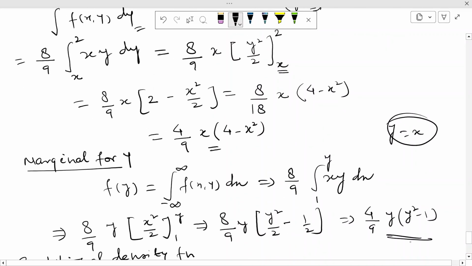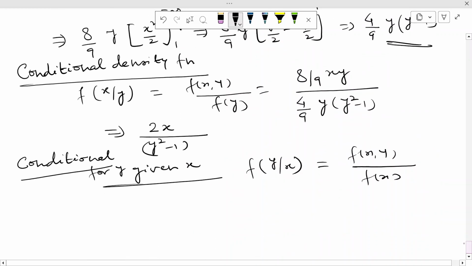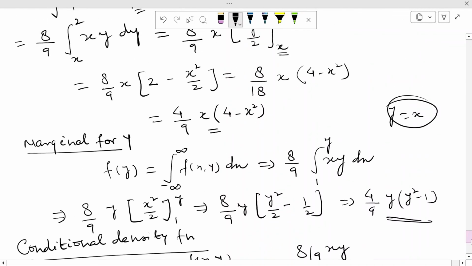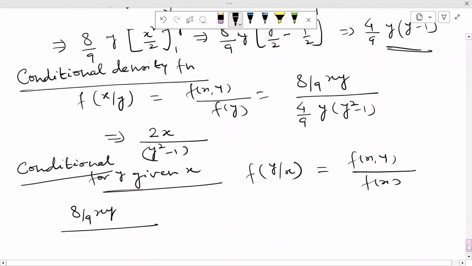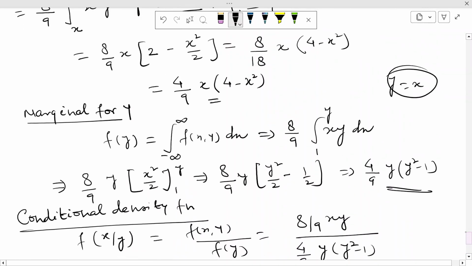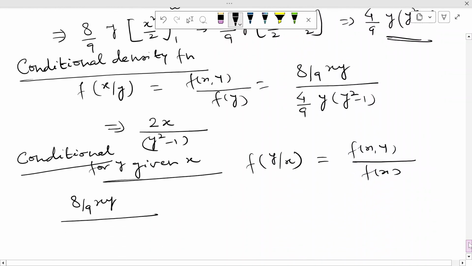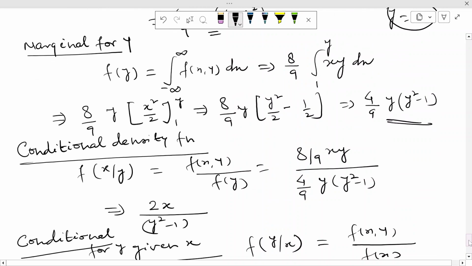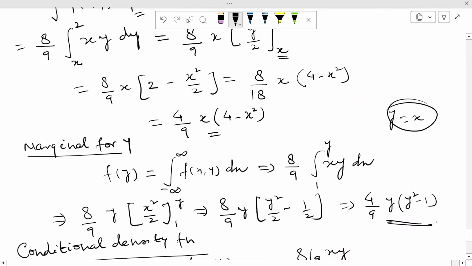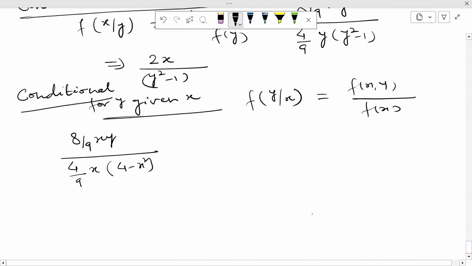So that is 4 by 9 x 4 minus x square, and fxy is 8 by 9 xy, and in the denominator we are having the fx, which is 4 by 9 x 4 minus x square. Let me check. Yes, so this is 4 by 9 x 4 minus x square.